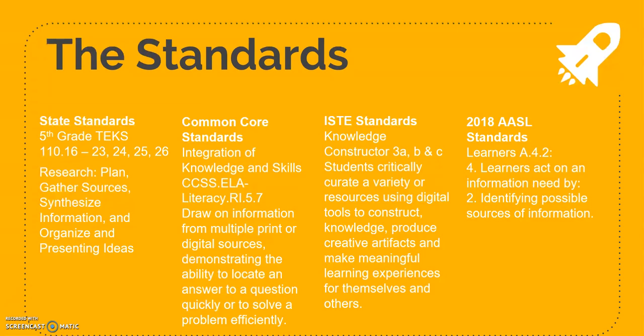We also have our Common Core standards, same thing with 5th grade on using digital resources and showing our ability to solve a problem. Our ISTE standards are all about curating our resources and being able to use them. And our AASL standard is that learners act on an information need by identifying possible sources of information.